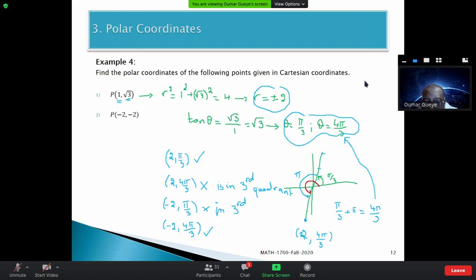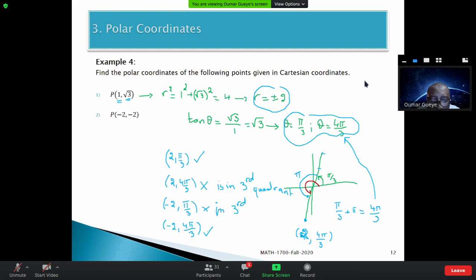Now, if you add the negative sign, because I told you when you find the angle, you check the sign of r. If r is positive, you stay in the quadrant where the angle is. Now, you see here, you found the angle, it's in the third quadrant, and the sign of r is not positive.